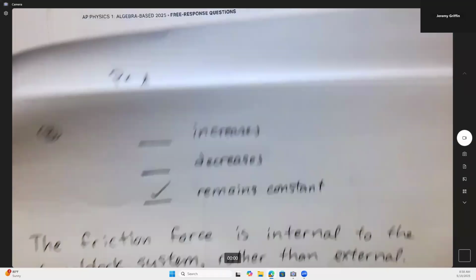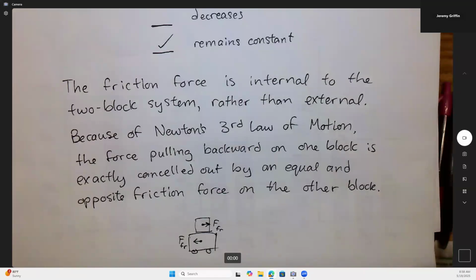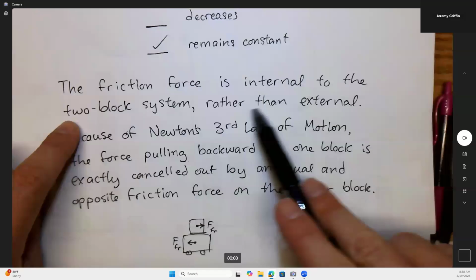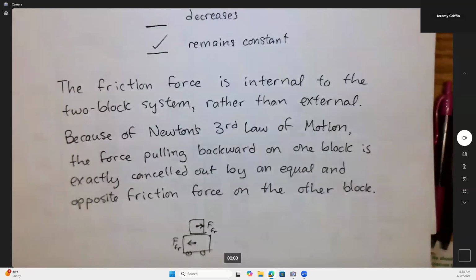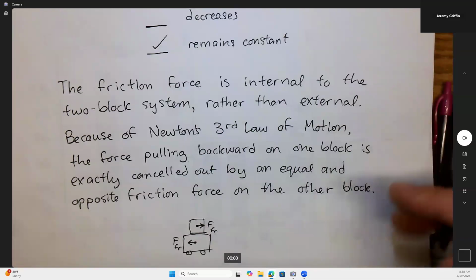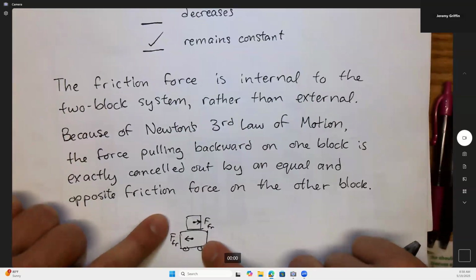So here's what I said, spelled out as if I was writing this. The friction force is internal to the block system rather than external. What's external? Well, maybe a normal force, although that's perpendicular to the motion, so that doesn't do anything. There's nothing pushing or pulling it horizontally. Sorry, scratch that.